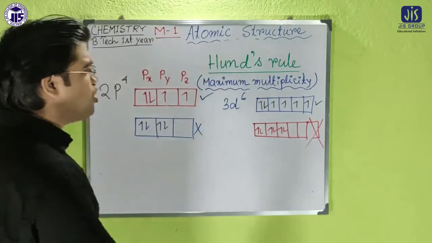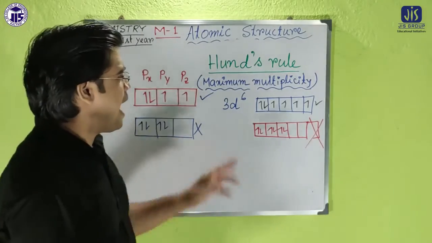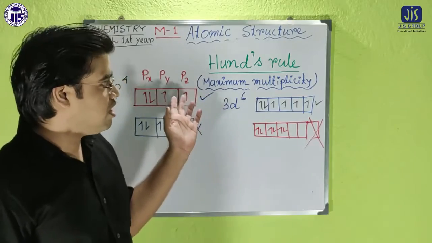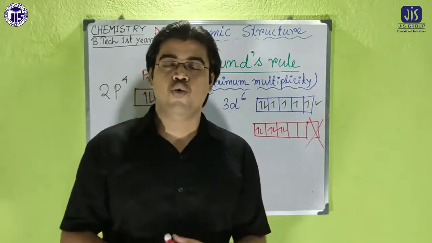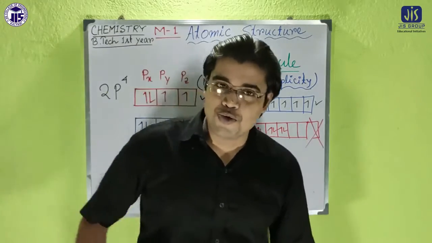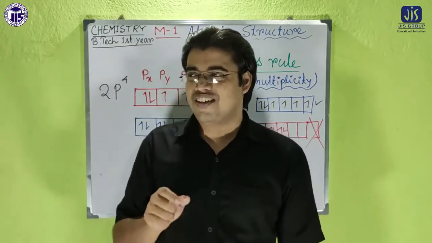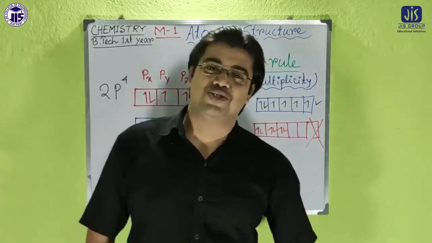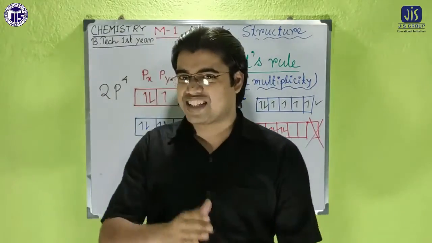Now come to the next topic, maximum multiplicity. You may see terms like Hund's rule of maximum multiplicity. Generally we call it Hund's rule, but two more words are also associated with it: maximum multiplicity.